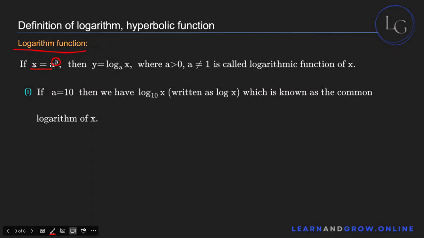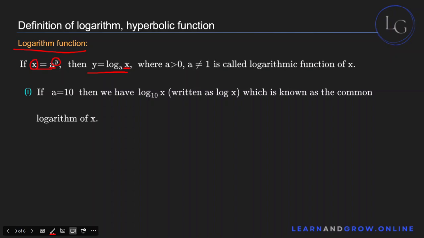So you can write down x is equal to a to the power y like this, where the exponent becomes the dependent variable, and that will be equal to the log with the base a, which is the constant here, of the independent variable, which is x.